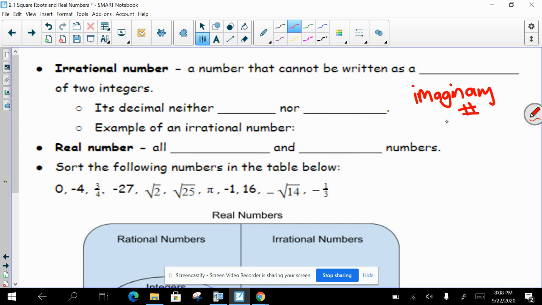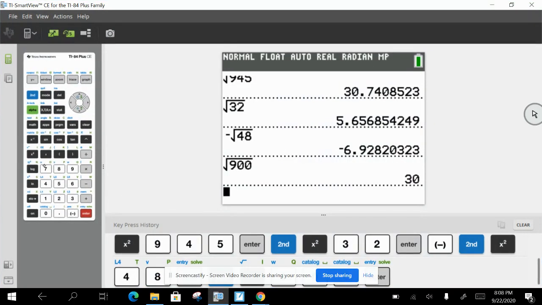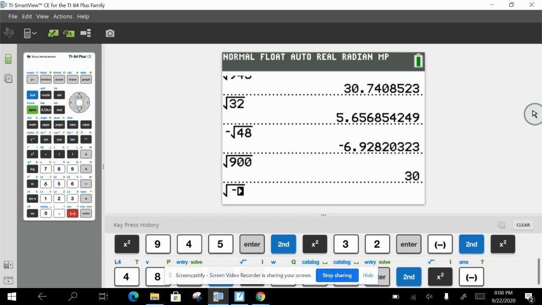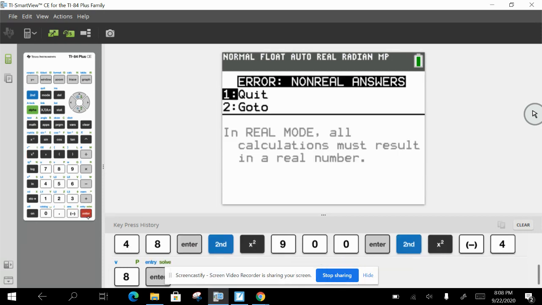Okay, you can look it up, but essentially an imaginary number, let me show you something in the calculator real quick. What if we accidentally put the negative sign underneath of the square root? So we did the square root of negative 48. This says error, non-real answers.